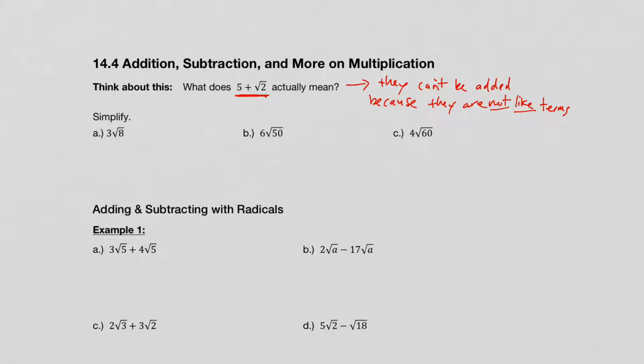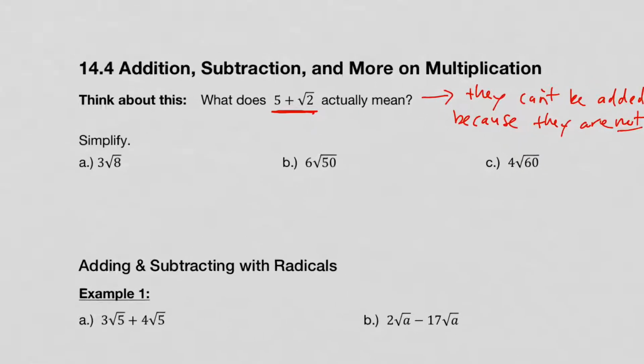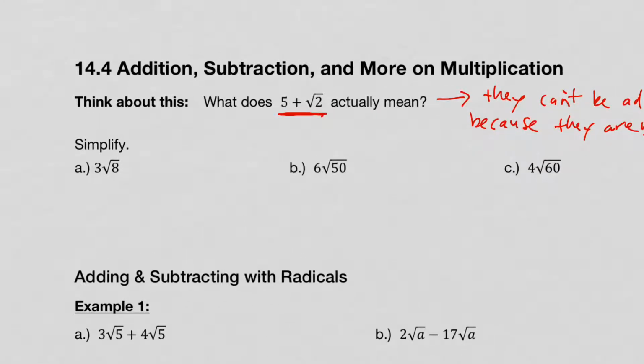Okay, so now how could we get these to be like terms? We would have to change the radical 2 to some type of real number, or rational number. So it'll be 5 plus, we'll type this in our calculator and then get a decimal and have to round it off to a rational number.